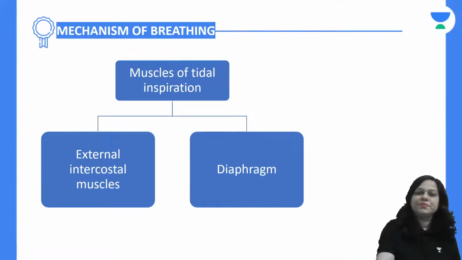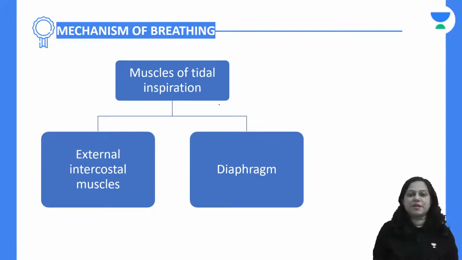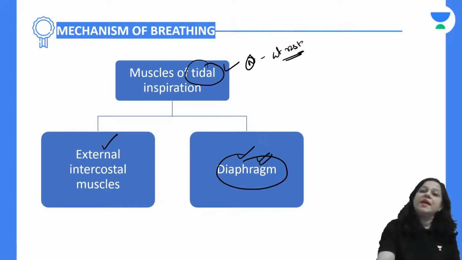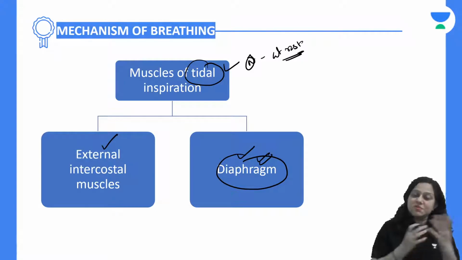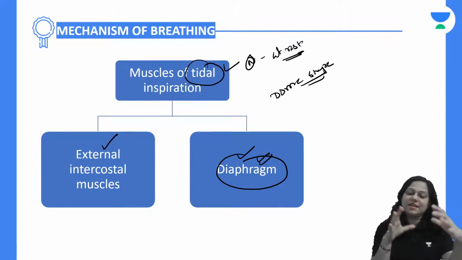Now let us understand the first phase in detail. Muscles of tidal inspiration. Tidal means normal, regular, at rest. The muscles of tidal inspiration are the external intercostal muscles and the diaphragm. The diaphragm consists of muscle fibers which converge on a dome-shaped central tendinous portion.